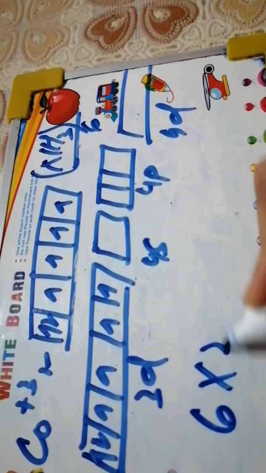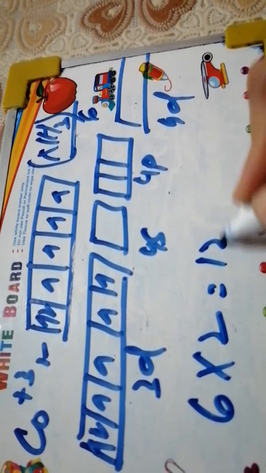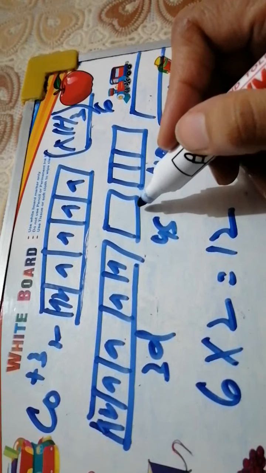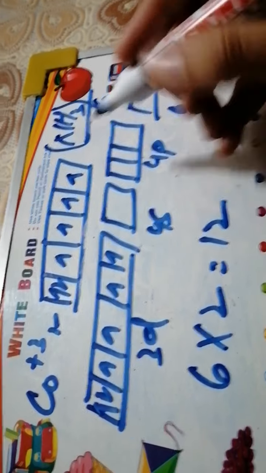So every ligand will bring a pair of electrons with it, right? Because we have 6 ammonia, in total we have 12 electrons to accommodate, right? In every subshell we have a tendency to put 2 electrons.